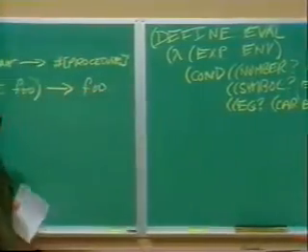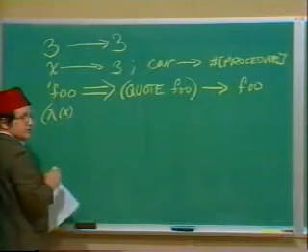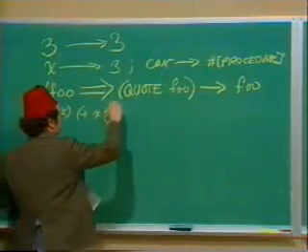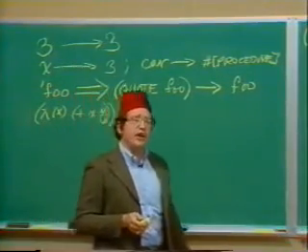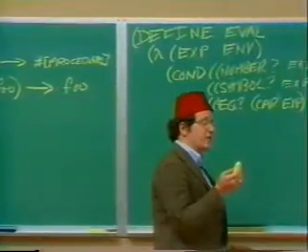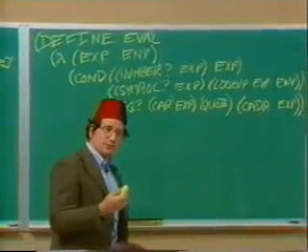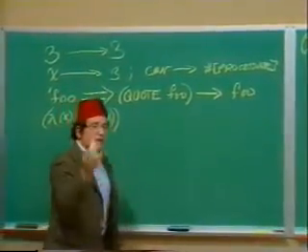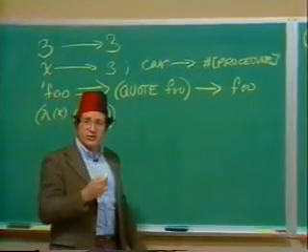We have lambda expressions. For example, lambda of x, plus x y. Well, I'm going to have some representation for the procedure, which is the value of a lambda expression. The procedure is not the expression lambda x. That's the description of it, the textual description. However, what I'm going to expect to see here is something which contains an environment as one of its parts, if I'm implementing a lexical language.